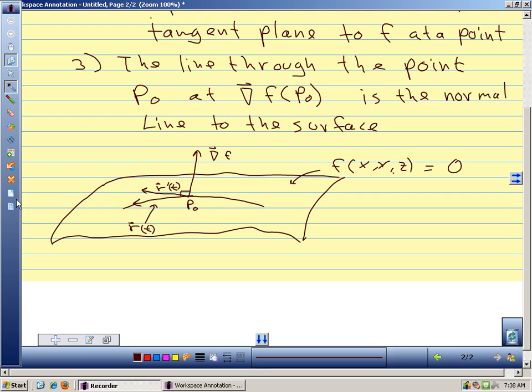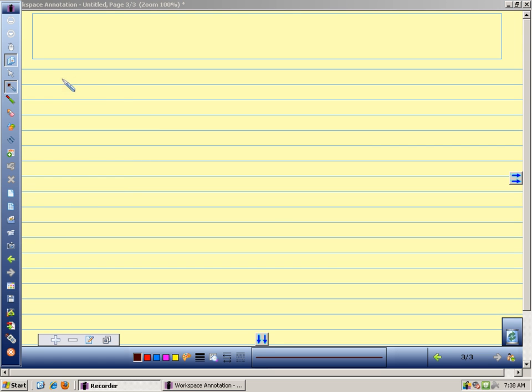So a couple of different ways that we can write our normal vector. We can express our normal vector in several ways.